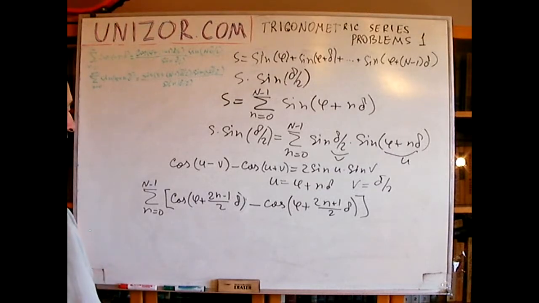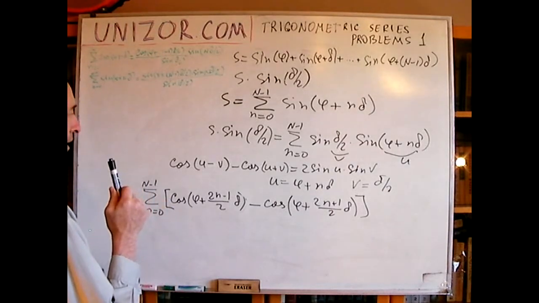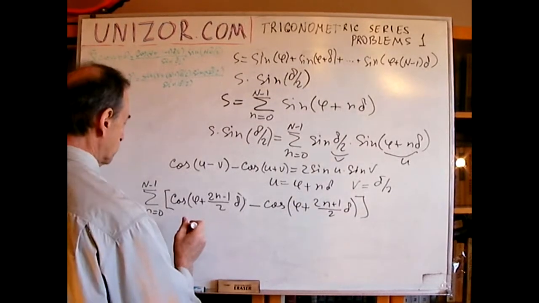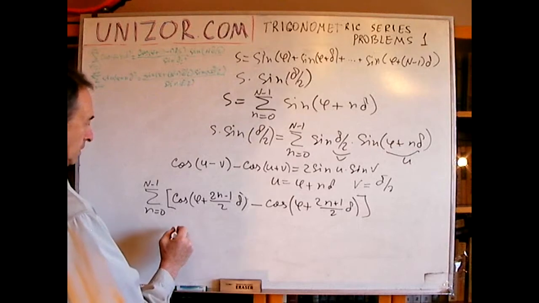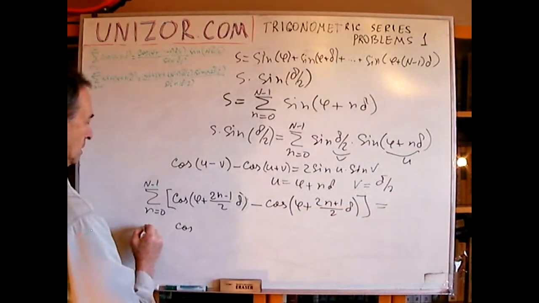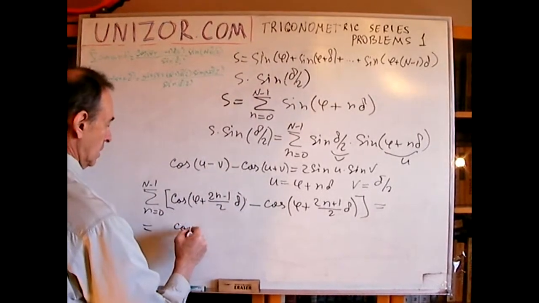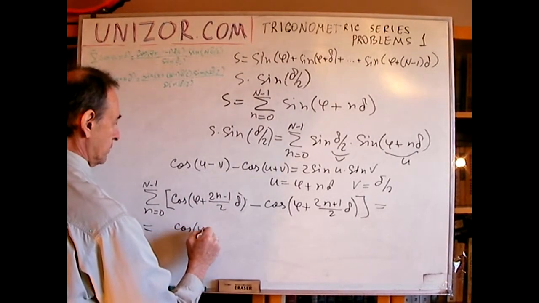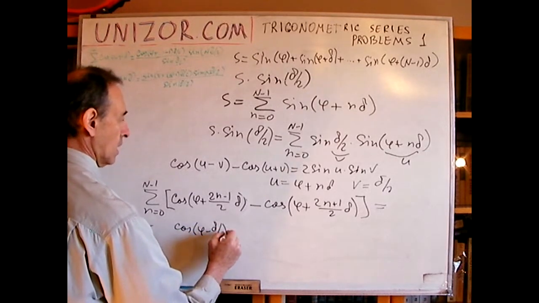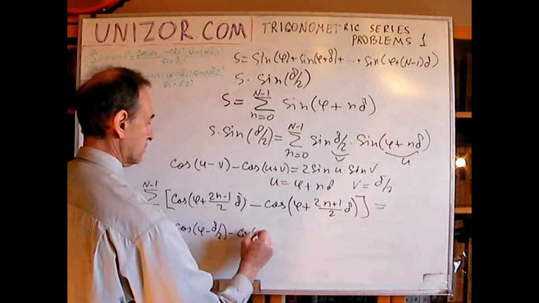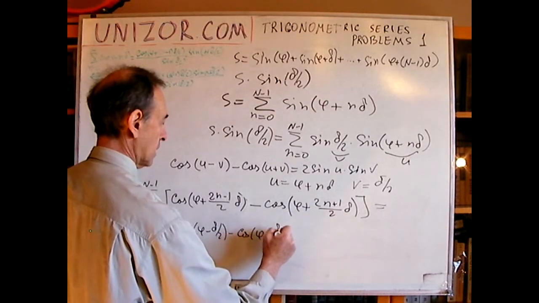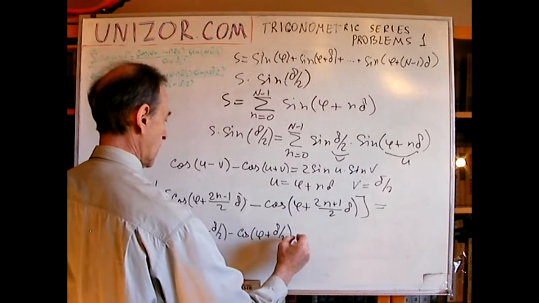And now let's think about n equal to 0. Now we can convert back into the explicit sum. For n equal to 0, it's cosine of phi minus delta over 2 minus cosine of phi plus delta over 2.